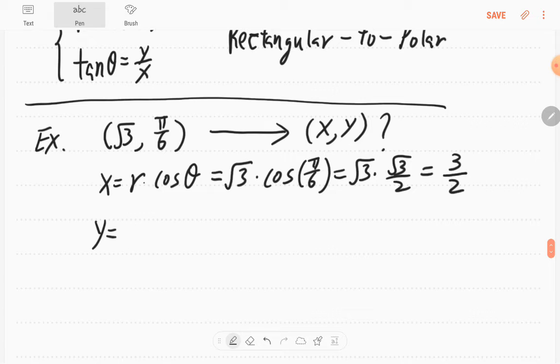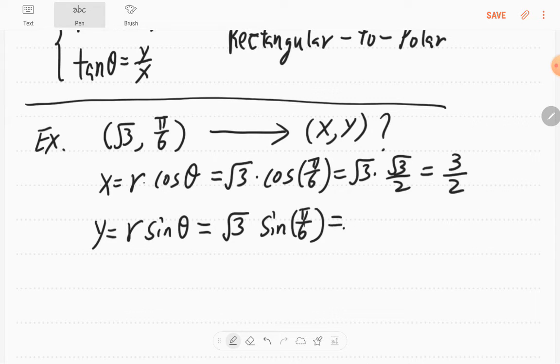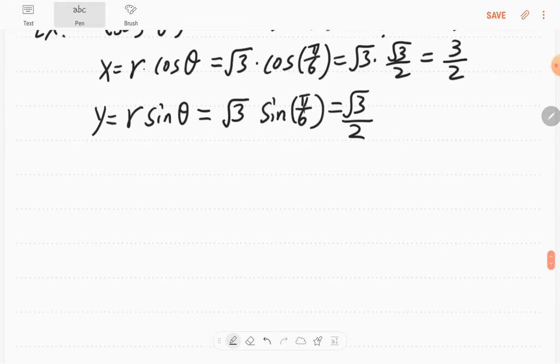And y is r times sine theta, so this is square root 3 times sine pi over 6, which is square root 3 times 1/2, which is square root 3 over 2. So the xy coordinate is 3 over 2 and square root 3 over 2. We can use this formula.